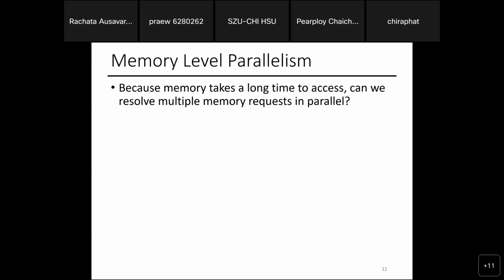If you request a lot of data at the same time, that's fine. I can do it for you. The GPU is a prime beneficiary of that. The GPU does a lot of parallel access. And I can have a high bandwidth memory that can give you back like 50 or 100 addresses at the same time. All right, any questions so far? So we call this memory level parallelism.